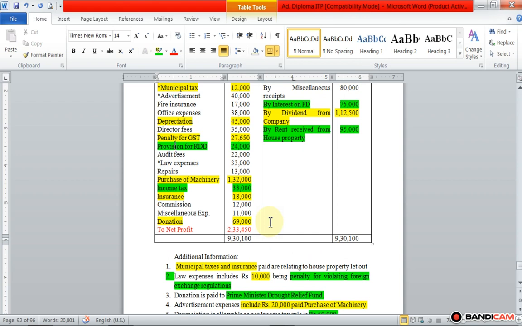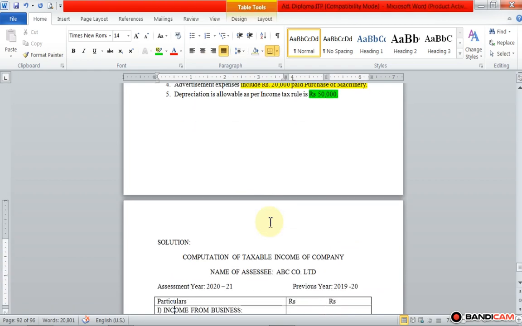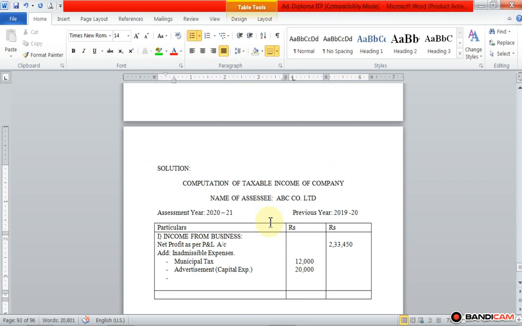Then depreciation. Here depreciation is undercharged on the debit side of the profit and loss account, because allowable depreciation is rupees 50,000 and depreciation charged on the debit side is rupees 45,000. We can directly deduct the difference of depreciation from net profit.